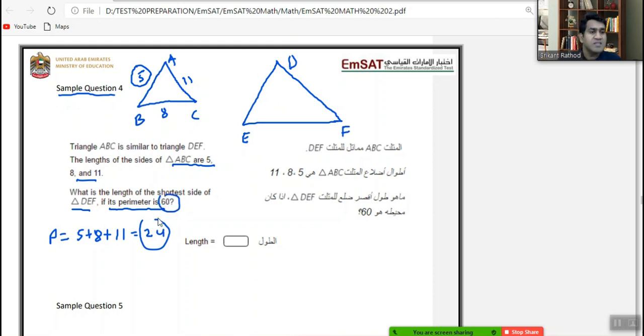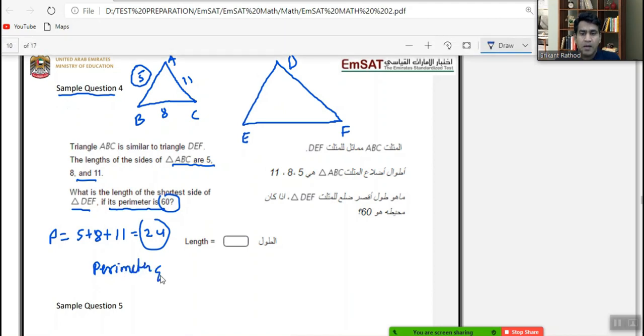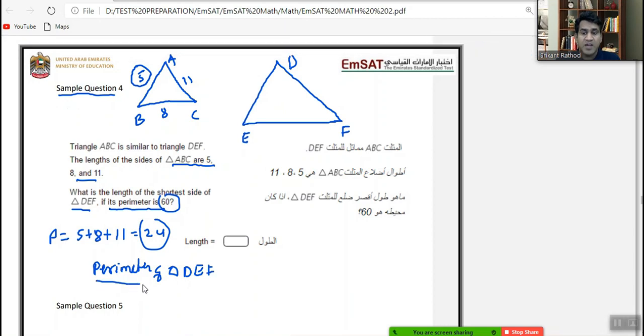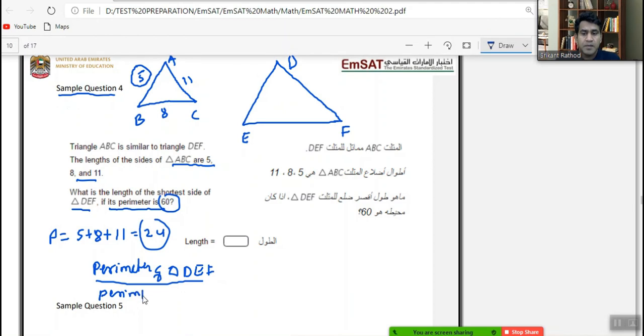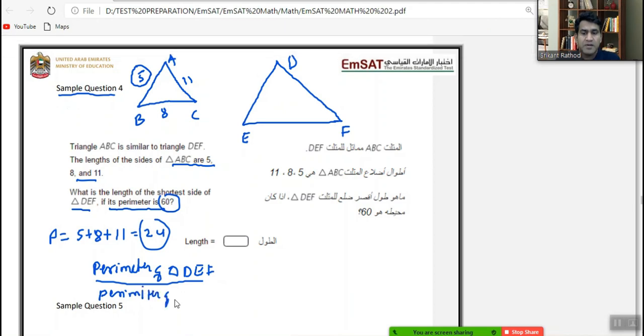Now how are these triangles related? To find their length relation, divide. The ratio of the perimeter of triangle DEF to the perimeter of triangle ABC is 60 divided by 24.